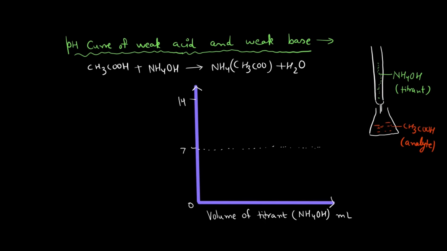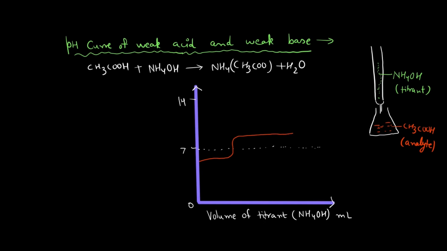So my analyte is acetic acid, so my pH curve will start from pH less than 7, and it will go like this, like this, and then like this, something like this.